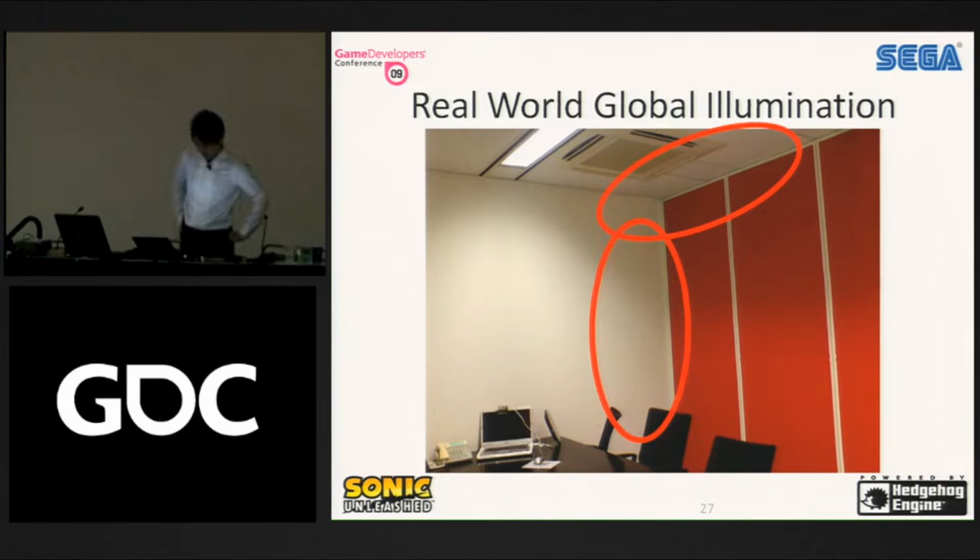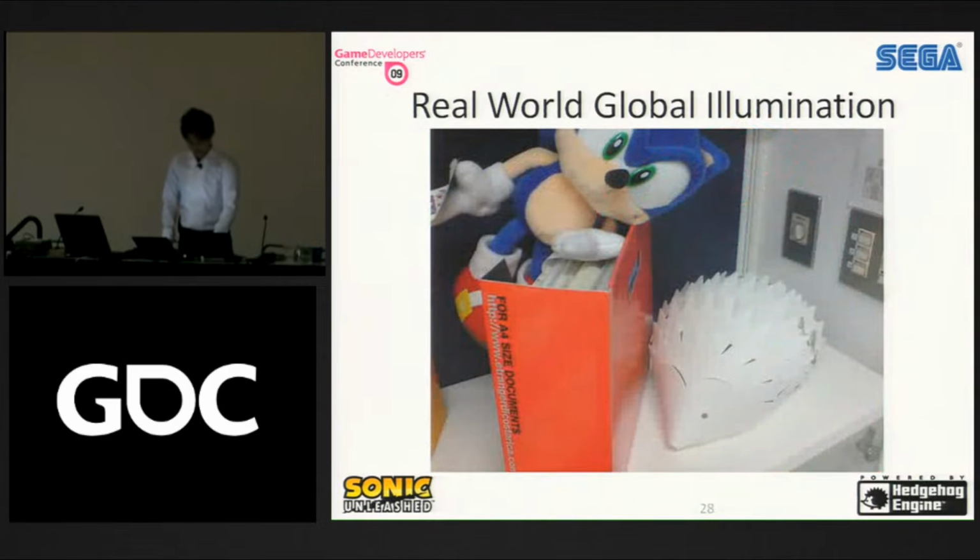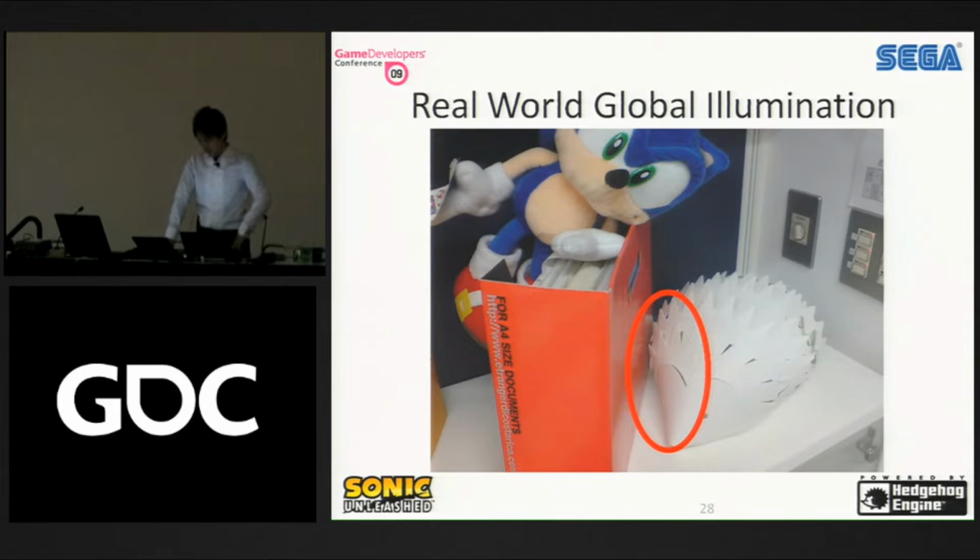This is an actual picture of our office. The light from the red wall is reflected and hits the white ceiling and the white wall, as you can see. It may be difficult to see here, but the light from the red wall is reflected. And this is another example.